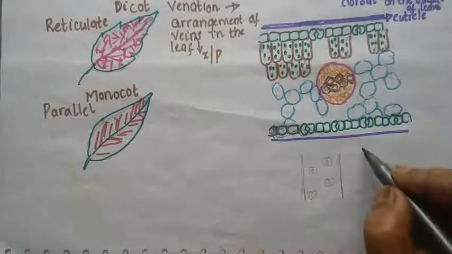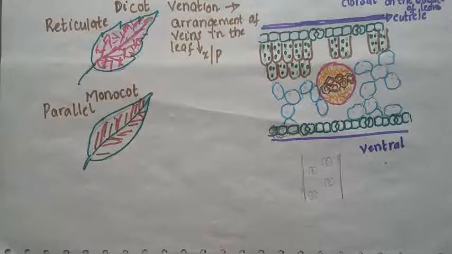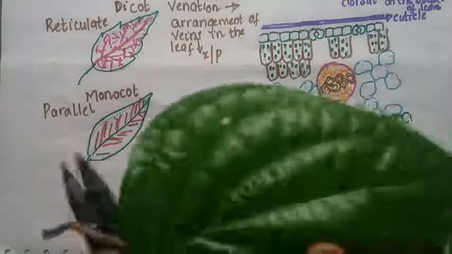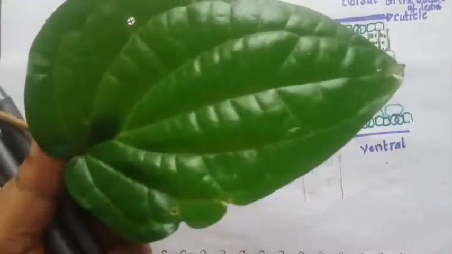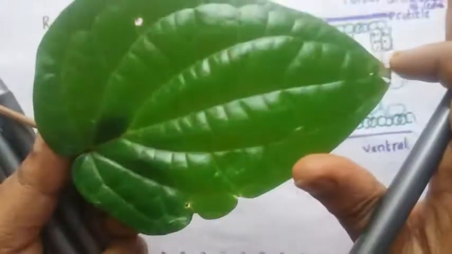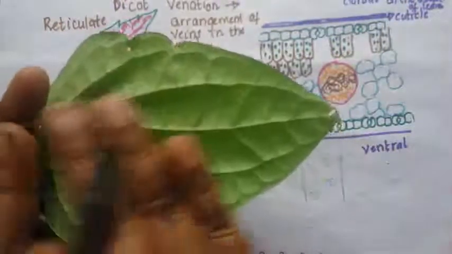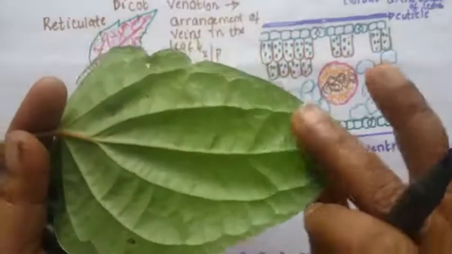Dorsal surface means the upper surface of the leaf. Ventral surface is the lower surface of the leaf. Now take an example. When you look at this leaf, this is the dorsal surface of the leaf, which is on the upper side, and this is the ventral surface of the leaf, which is on the lower side.